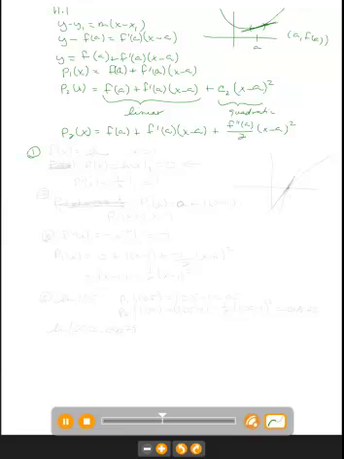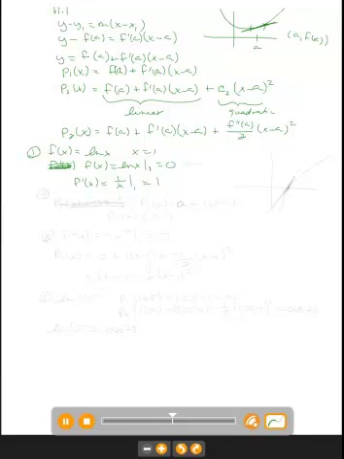Find the linear approximation of f of x equals ln of x at x is 1. So what I need here is the derivative. Actually, I need both things. I need to figure out what f is at 1, and it's 0. And then I need the derivative, which is 1 over x, and plug in 1 for it, and it is 1.